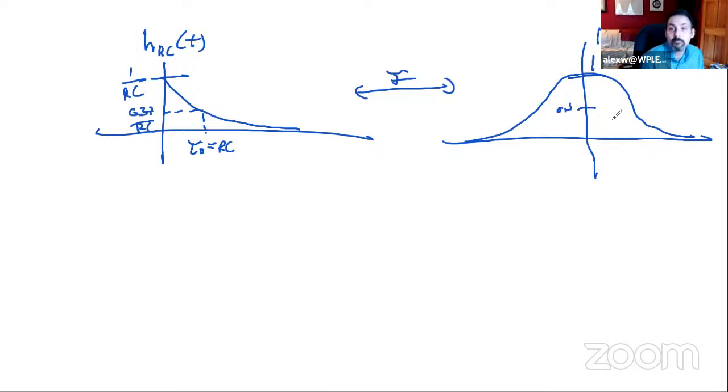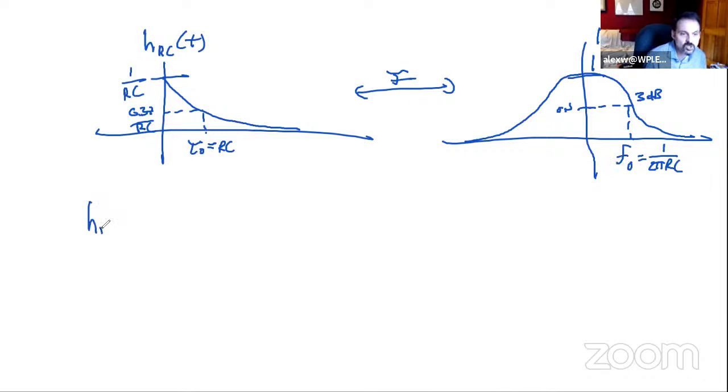And at the 0.5 mark, this is my 3 dB bandwidth. 3 dB, because I'm 50% of the way down from the maximum, right? That's going to be equal to F naught, 1 over 2 pi RC. Okay, great. Mathematically, how does this look?